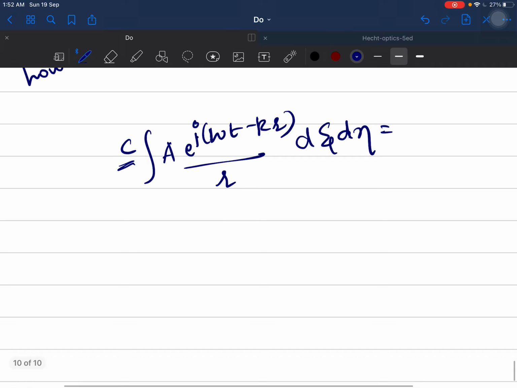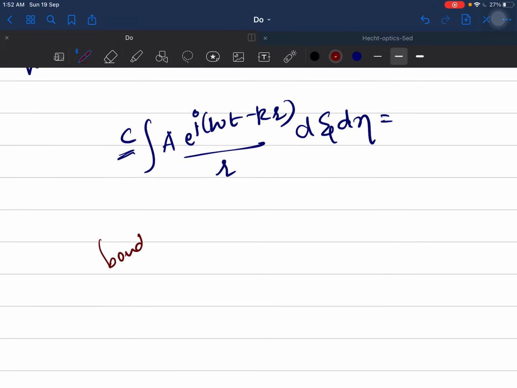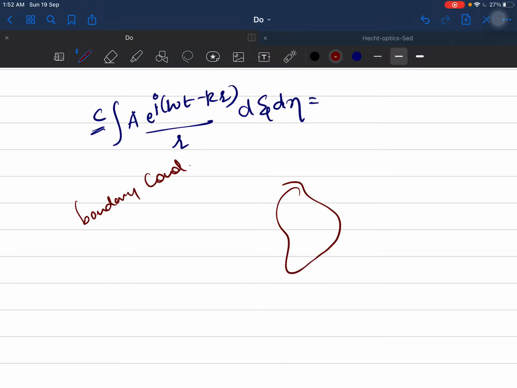We need some kind of boundary conditions. Now in this case, the aperture is here, and we expect some things. Okay, what are those things? We have a radial incidence, spherical incidence.